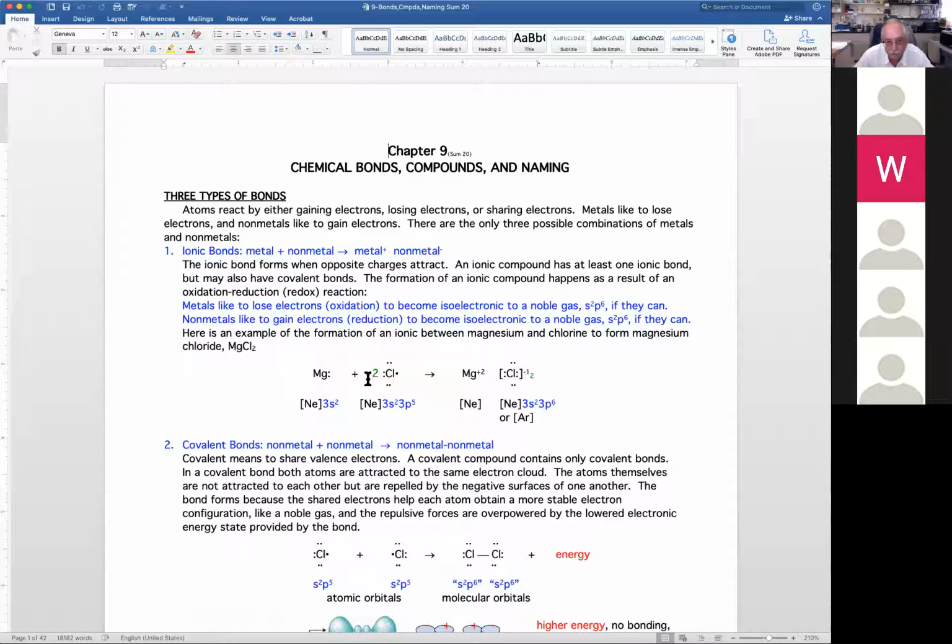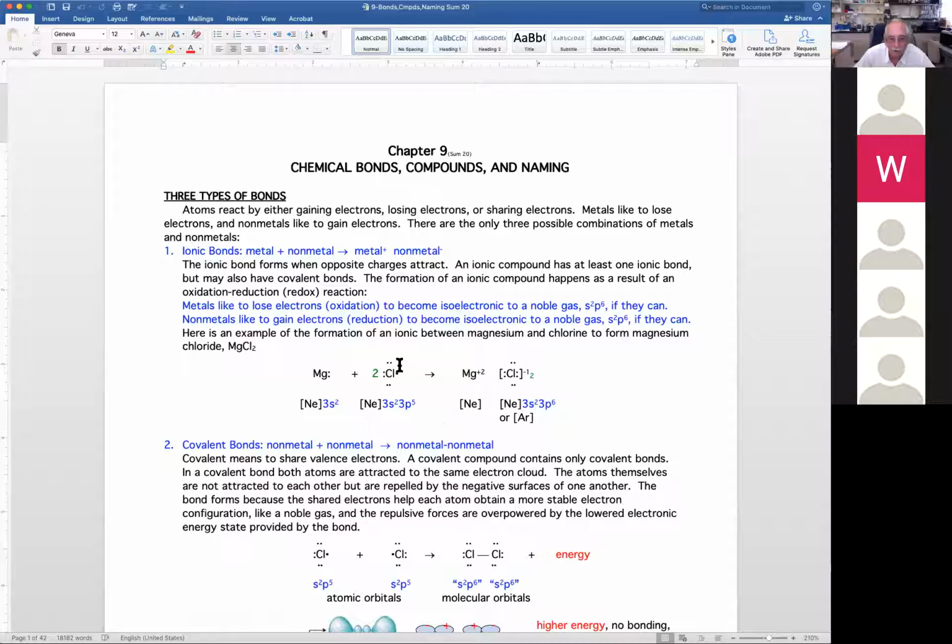I did it with Lewis dot structures, and I did it with electron configurations. Why does magnesium want to form the +2? Because when it loses those 2 valence electrons, it is like a noble gas. It does not become neon because it has different numbers of protons.